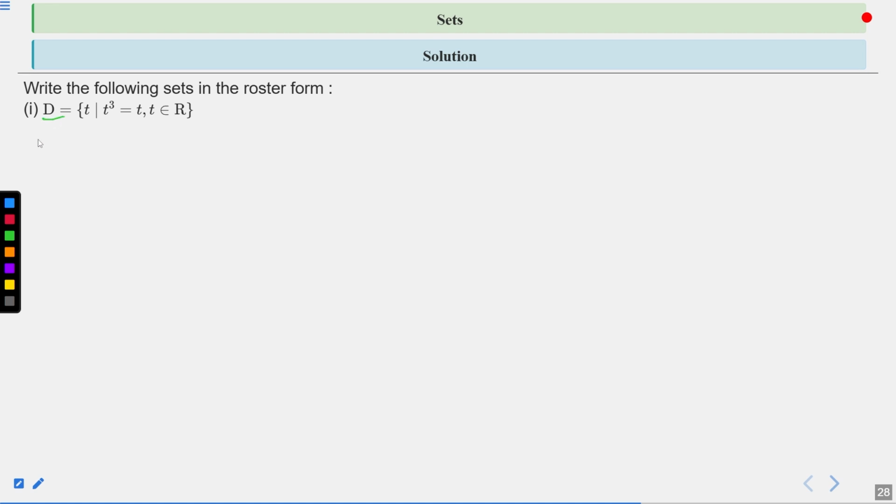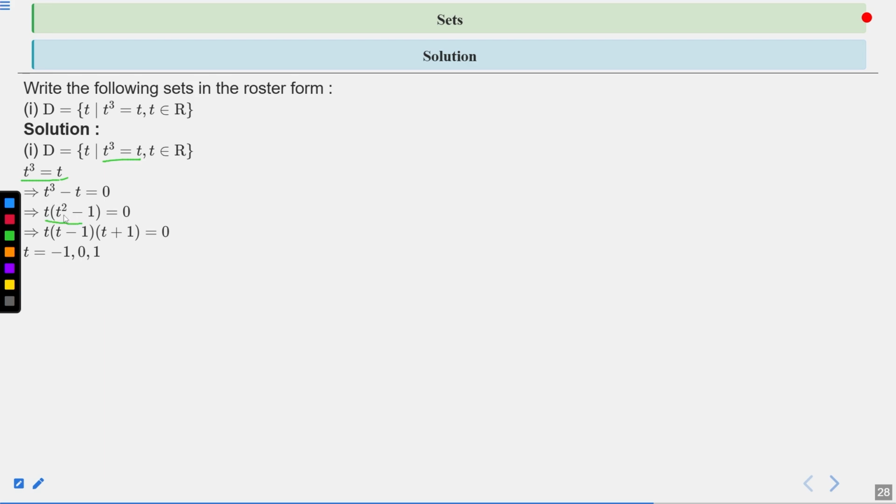Starting with the first part, D: the collection of all t such that t cube is equal to t, where t belongs to reals. Solution. Starting with solving this cubic equation, t cube is t. Transferring the right-hand side t to the left-hand side, we get the factor form t times (t square minus 1), and this can be rewritten as t times (t minus 1) times (t plus 1) equals 0.